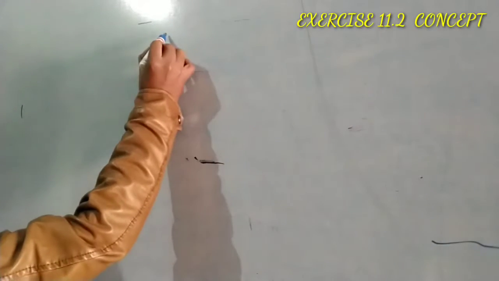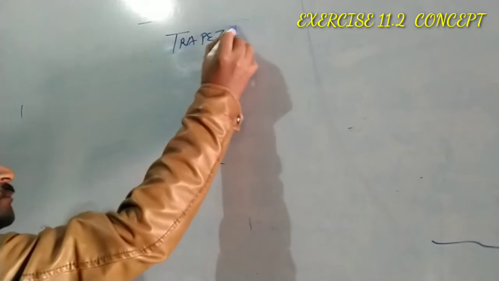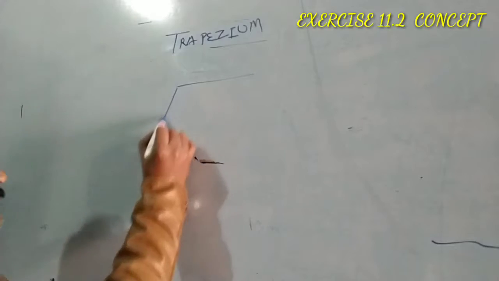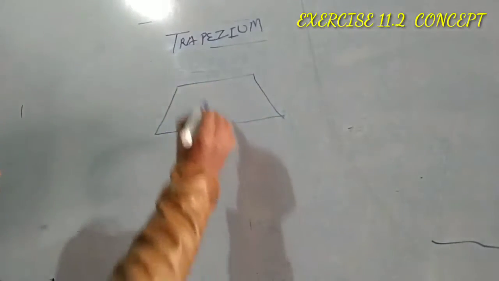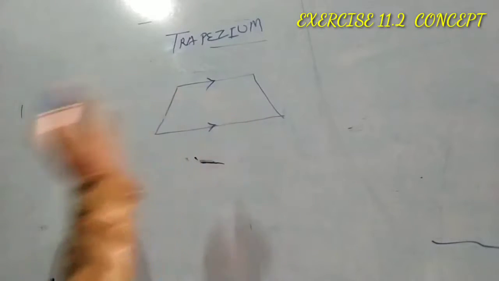The first type is trapezium. So how does it look? It looks like this. In a trapezium, one pair of sides is parallel, but the other pair of sides is non-parallel.